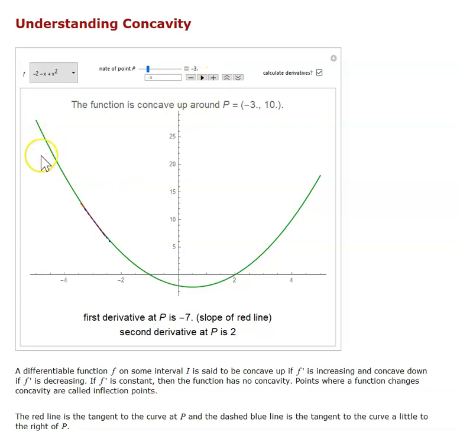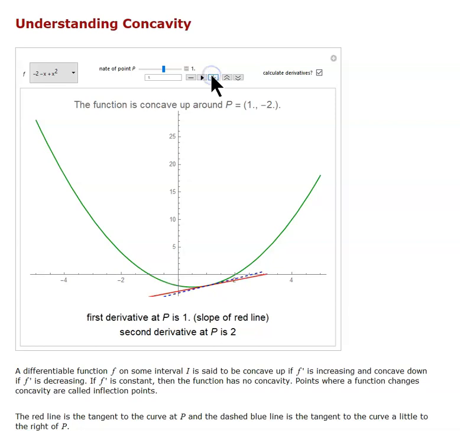So we've gone from -11 to -9 to -7 to -5, -3, -1. Now notice that our slope is positive. Continuing on, see how that first derivative, now positive, is still increasing.